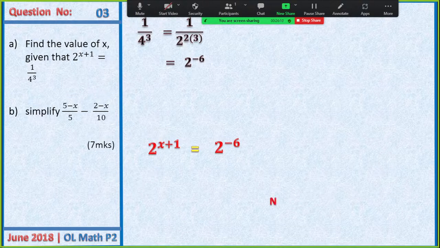Since the bases are the same, the powers must also be the same. Now x plus 1 is equal to minus 6. And finally, x should be equal to minus 7. Any questions?